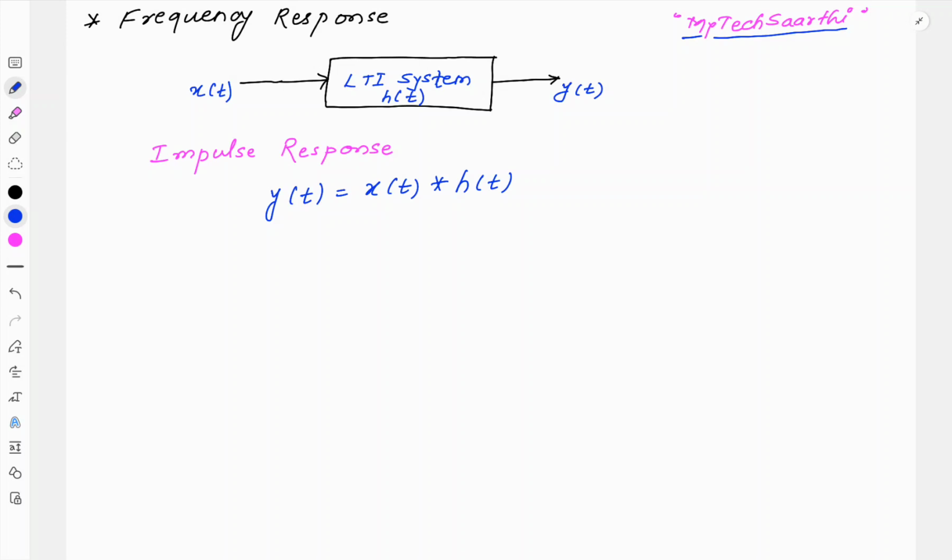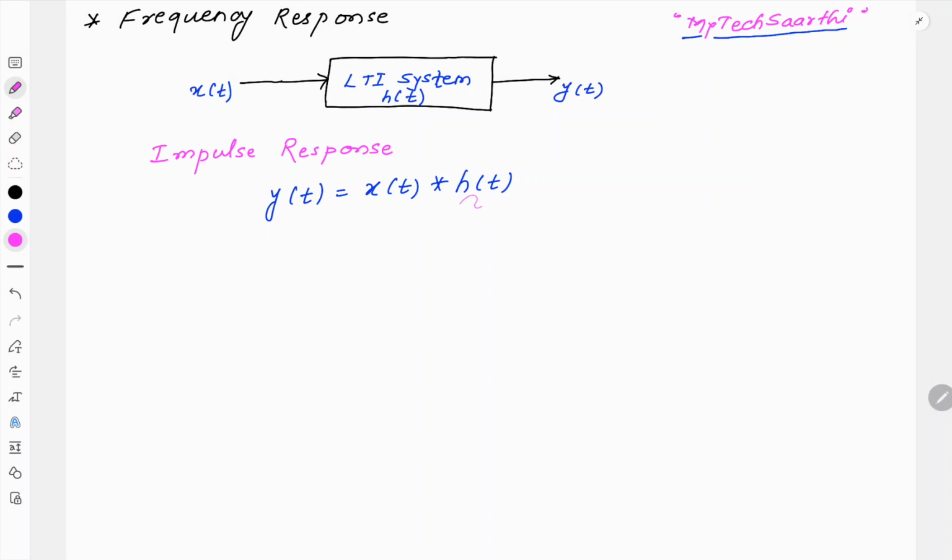So we obtain y(t) as the output when we apply x(t) to an LTI system whose impulse response is h(t). So y(t) will be equal to x(t) convolved with h(t), that is the impulse response.